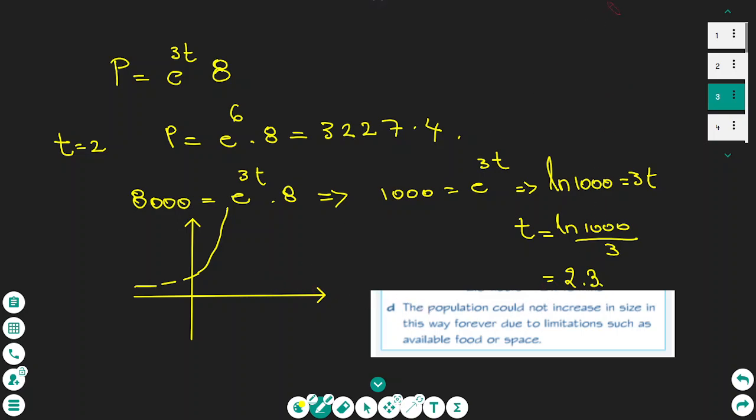So you can write that resources are scarce, so they are limited. We don't have the food or space for the population to go to infinity. So the exponential may represent the population up to a certain value of t, but not for very big values of t.